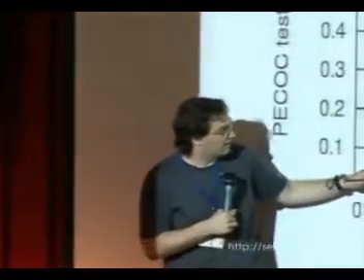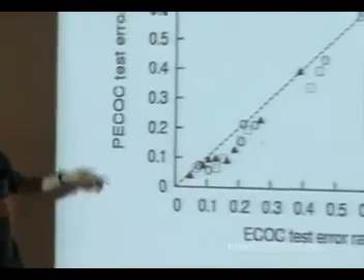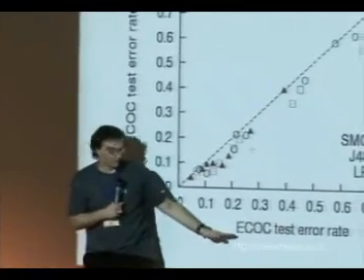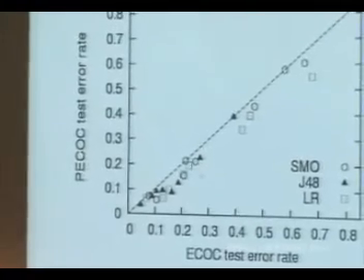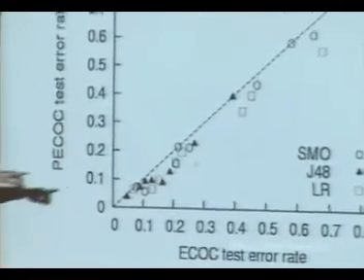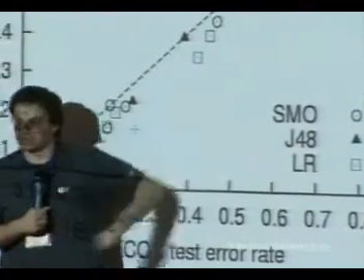So below this line here means that the error rate for the probabilistic error-correcting output code is smaller than the error rate for the error-correcting output code. And you see that it's below the line for almost all problems and almost all base algorithms: support vector machine, decision tree, and logistic regression.